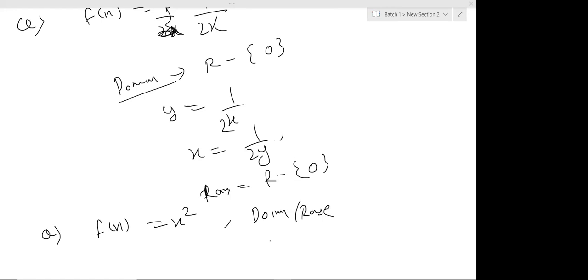Sir, in this function, can we write for the range R minus Z? No, you cannot write R minus Z. Sir, I'm getting both domain and range as R. You are getting R.